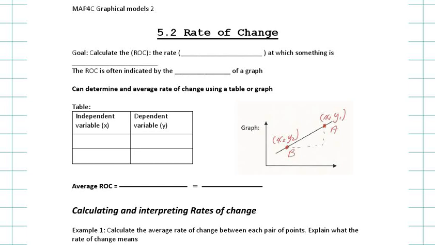So the goal for today. ROC stands for rate of change.